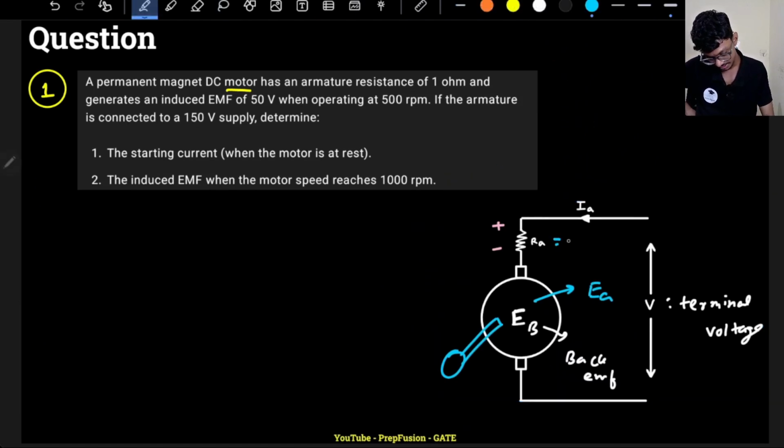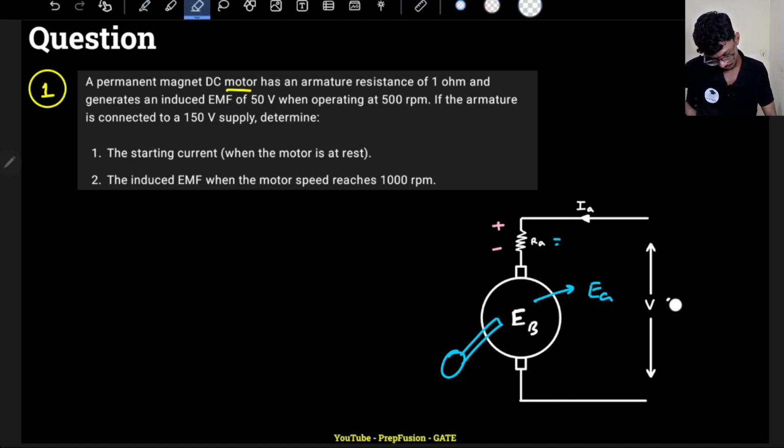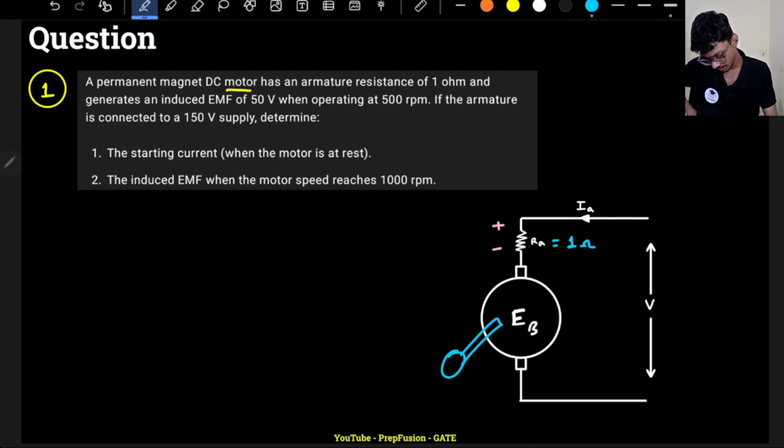Ra in this case is 1 ohm, and Ia current I don't know, and the supply voltage they are telling is 150 volts. So this will be 150 volts.